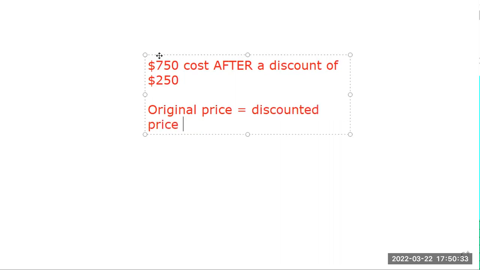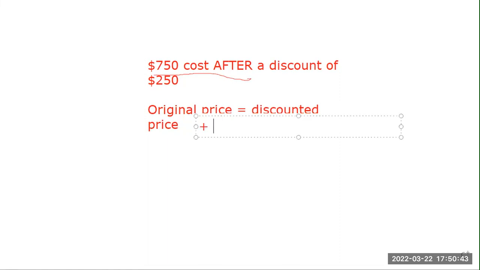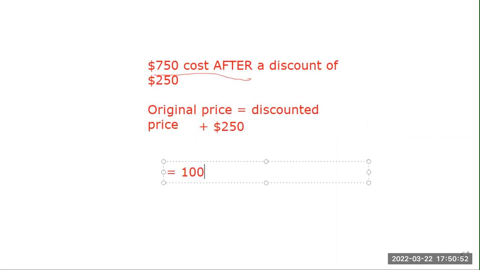The price after your discount is your discounted price, right? So that's your discounted price there. So it would be a discounted price plus your discount itself, which is $250. So your answer would be $1,000.